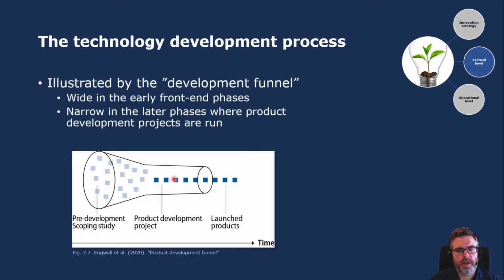And even here, you can have some of these terminated due to some discovery that you have in your development project. But in the end, some of these product development projects will become launched products, and these can be marketed on the market, and we can start to earn money on these products.